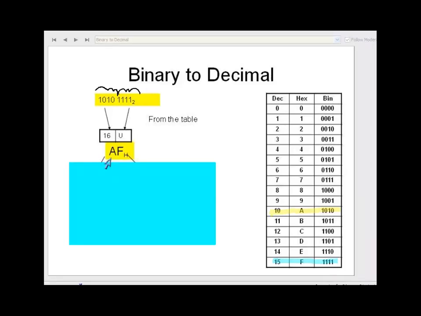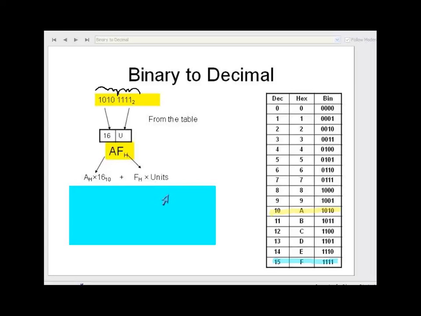It's hexadecimal, so the second column is worth 16. So what I've got is A lots of sixteenths, and F lots of units.